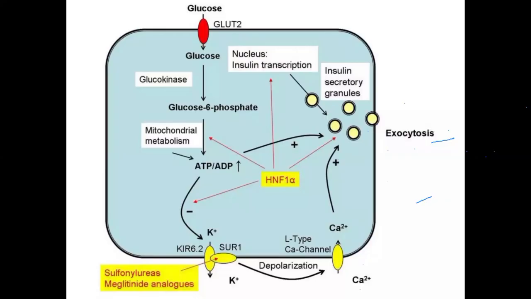That is why diabetes mellitus is caused, or the patient is having diabetes mellitus. So this is how meglitinide analogs or the sulfonylurea class of drugs works. This was all about the pictorial representation, or the mechanism of action, of how sulfonylurea or meglitinide anti-diabetic drugs work.